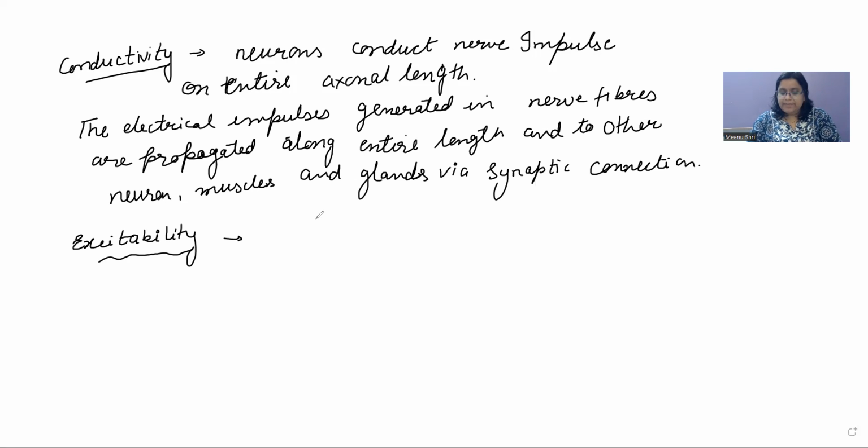So excitability means the nerve fiber shows a response or carries the impulse for a stimulus, but the stimulus must be up to the threshold level. This is the main criterion.